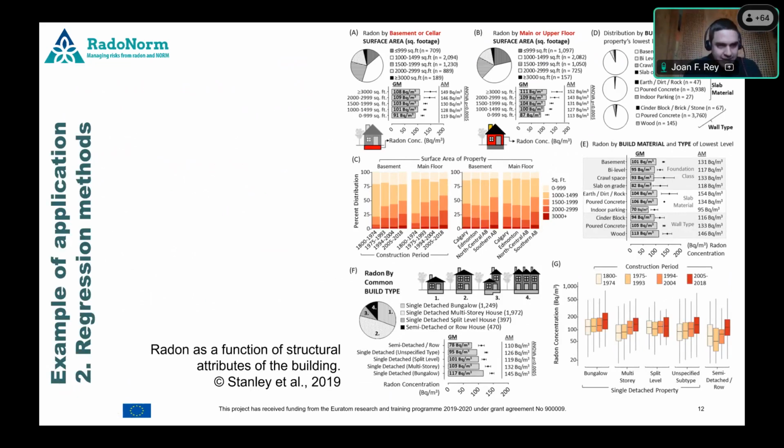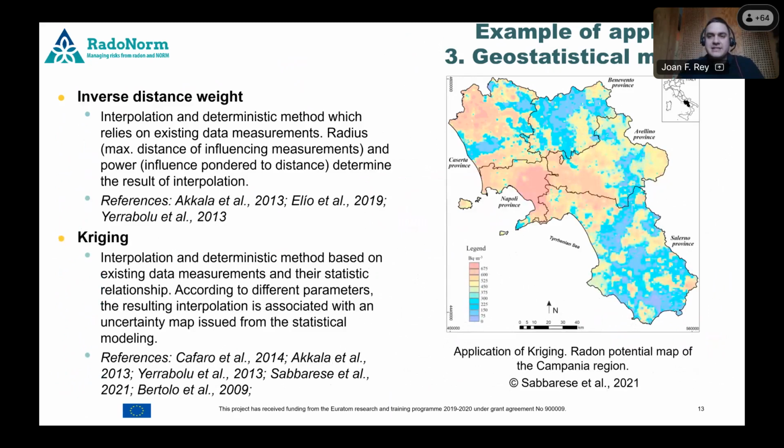Then we do have the geostatistical methods. The first one, and maybe the simplest to implement, was the inverse distance weighting. The IDW is a deterministic tool which relies on existing data measurements.